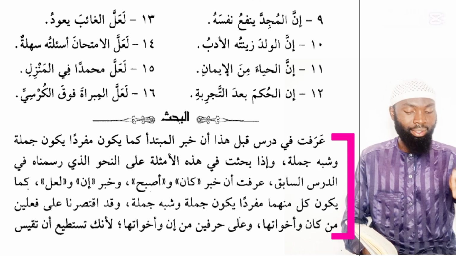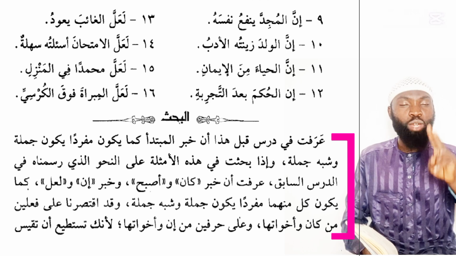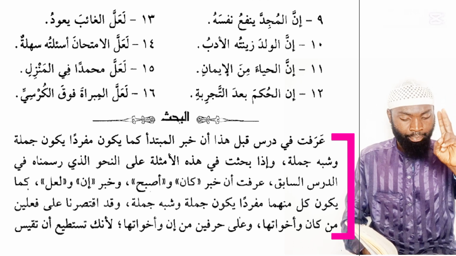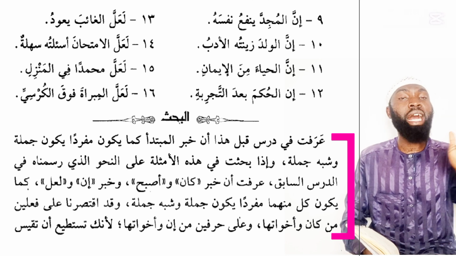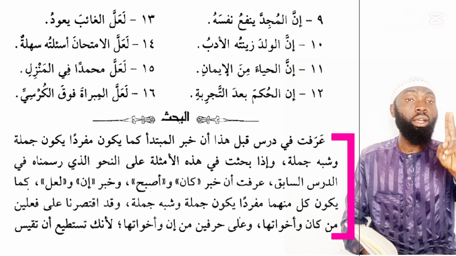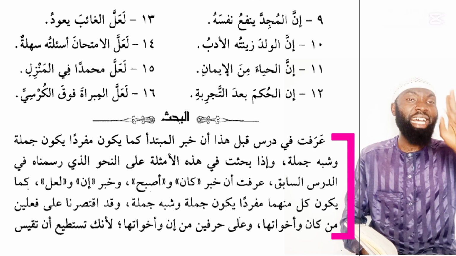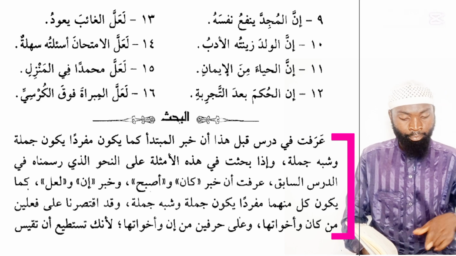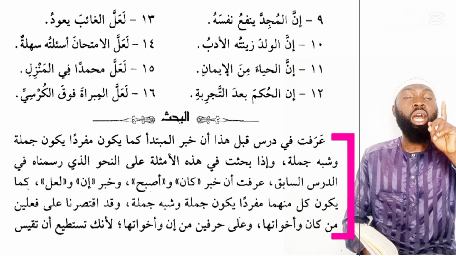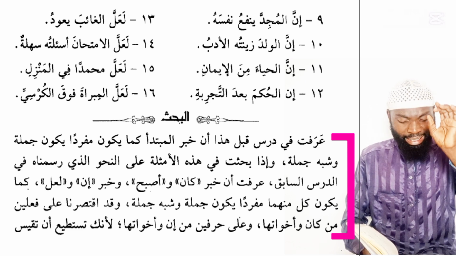And we have just chosen two verbs only from kana and his sisters. You know, kana has a lot of sisters, but the writer only chose kana and asbaha and left the remaining. And also two particles from inna and his sisters.